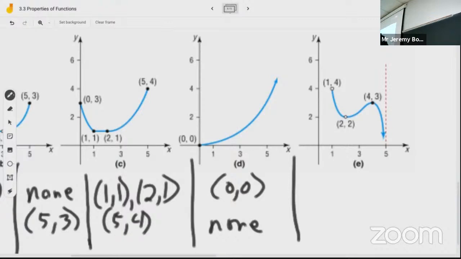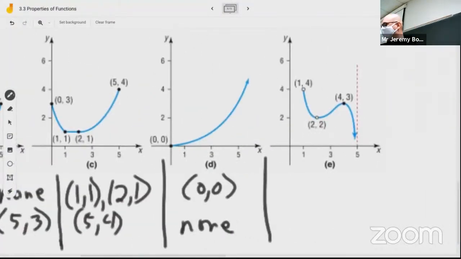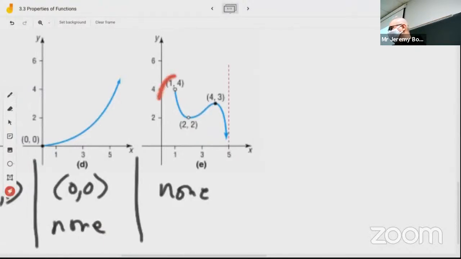E. Absolute min. Yeah, it just keeps going down, right? This is what we call a vertical asymptote. This is just going to go down to negative infinity here. So we have none. What about absolute min? Oh, sorry, absolute max. Yeah, same. We got the same situation we had before, right? It's not defined there, so we'd have none there too.